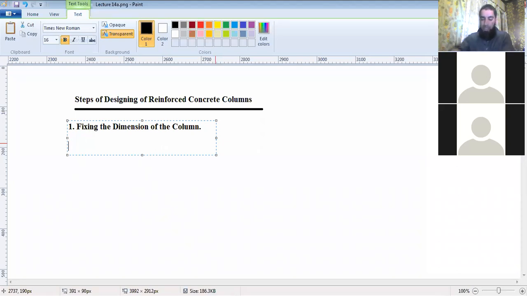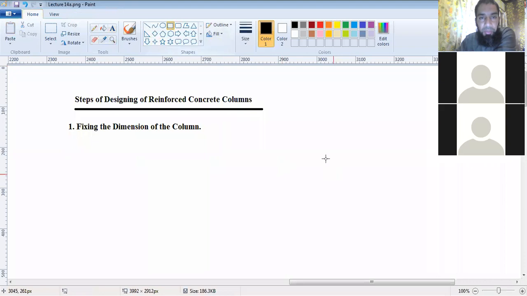How much was the size of the beam that you took? First of all, before even fixing the dimension, you are deciding about the shape of the column that you are taking, whether it's rectangular, square, or circular. Now, what does that depend upon? Taking the shape of the column.